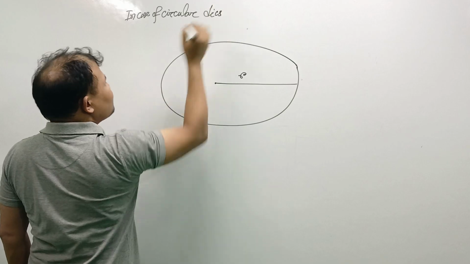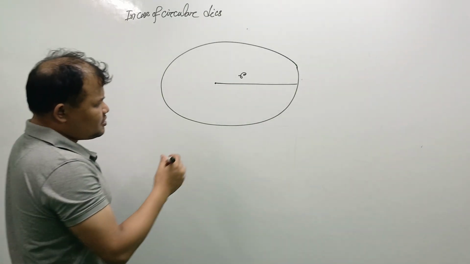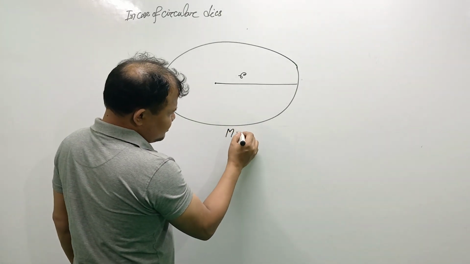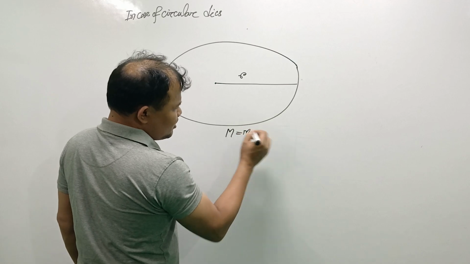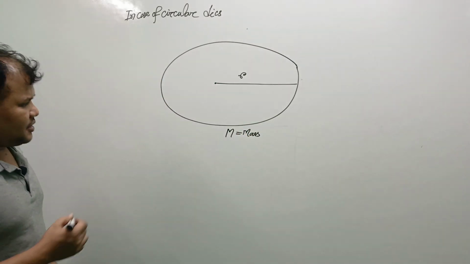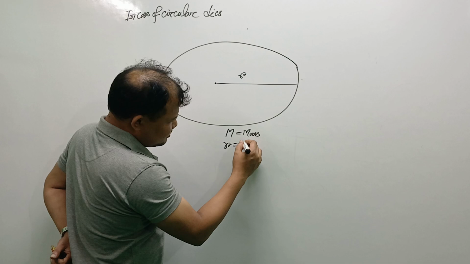The mass of this circular disc is M, and R is the radius.